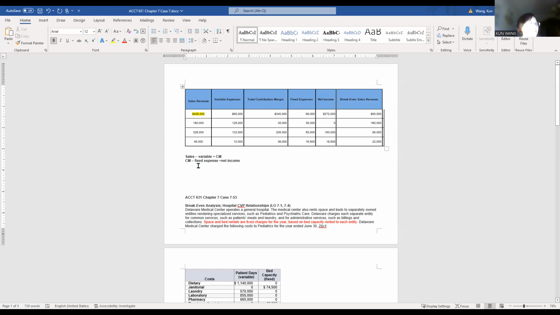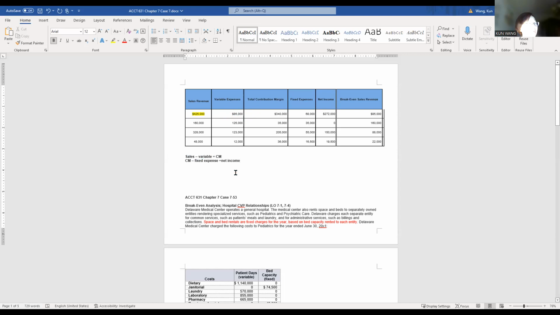So for this question, you can see the contribution margin if you move things around, right? Move the fixed expense to the right side. So you can find the contribution margin, 340,000 in my case. And then plus the variable expense should be our sales revenue.